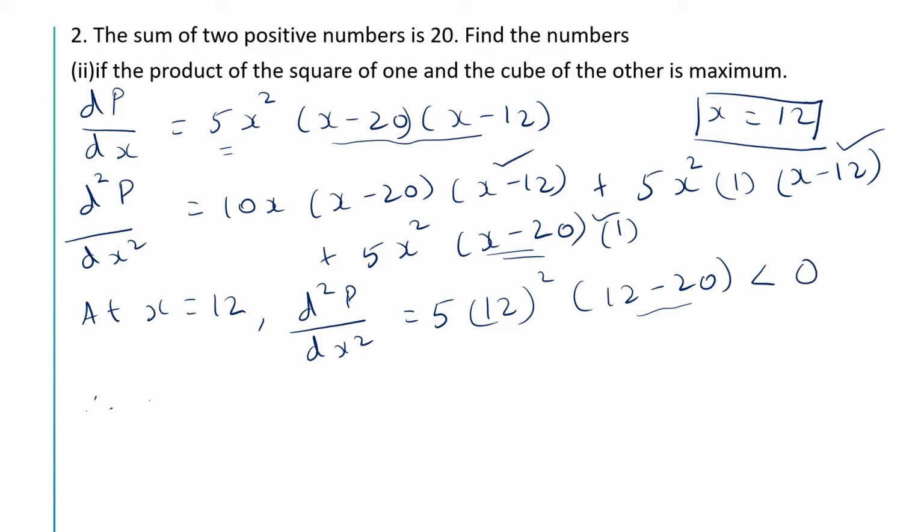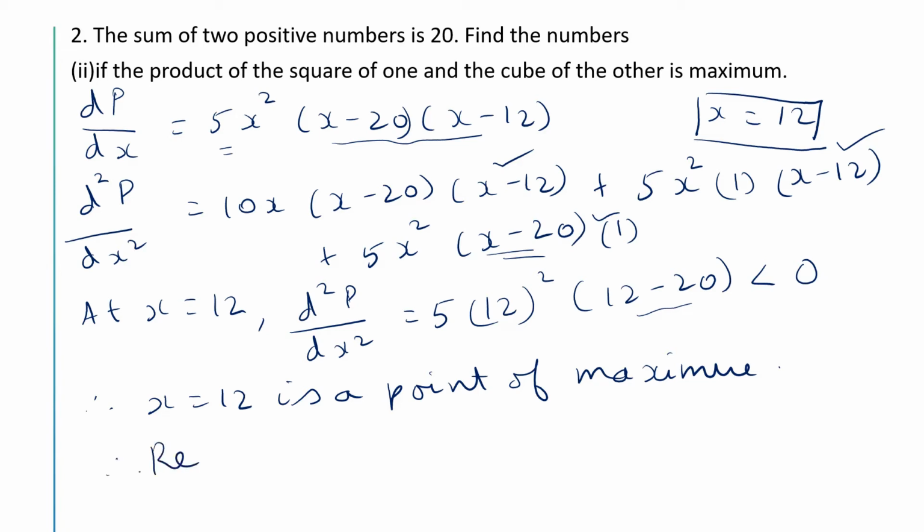Therefore, x is equal to 12 is a point of maxima. So which means the required numbers are, so we have taken x and 20 minus x. x is 12, 20 minus 12 is 8. So these are the required numbers.